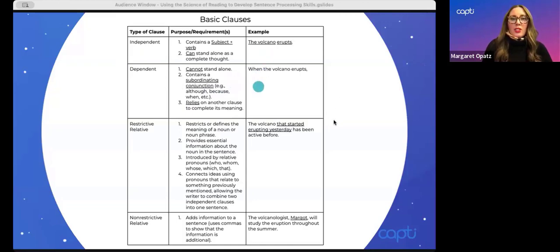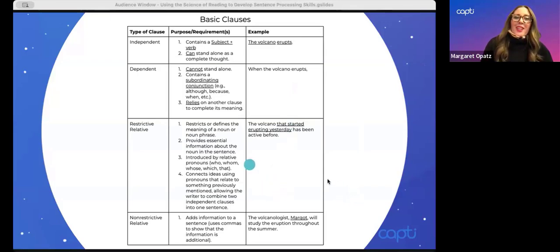So we could teach them to use when at the beginning of a sentence, and we can say, when the volcano erupts. And we can be careful to really show them that this does not stand alone. We can say, well, what happens, right? Like when the volcano erupts, well, then what? They should be thinking like that too, and this will really help them build again their metalinguistic awareness.